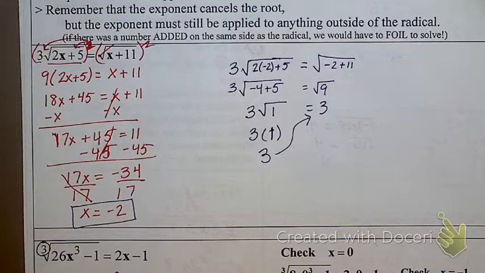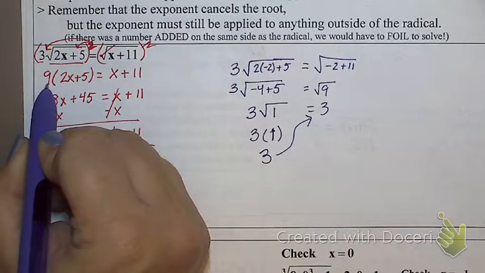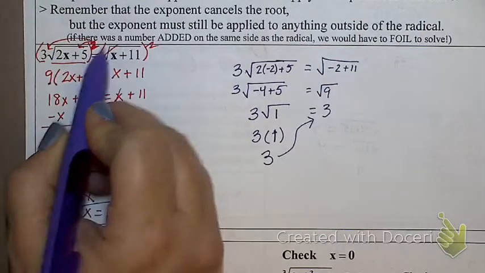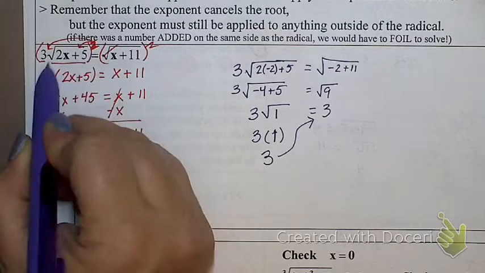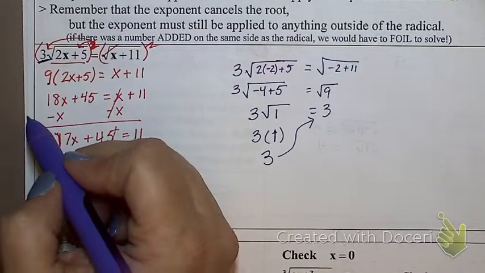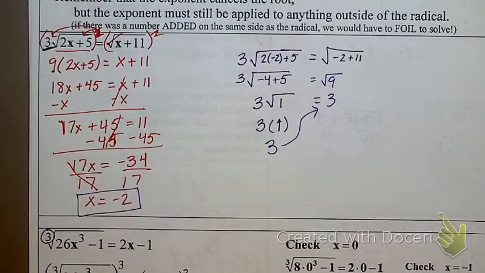The biggest place that I see errors in this is people will keep this a 3. Meaning they'll get rid of the radicals, but they will forget to distribute that exponent to the coefficient that's out there in front. Okay? So make sure you're not one of those people that makes that mistake.